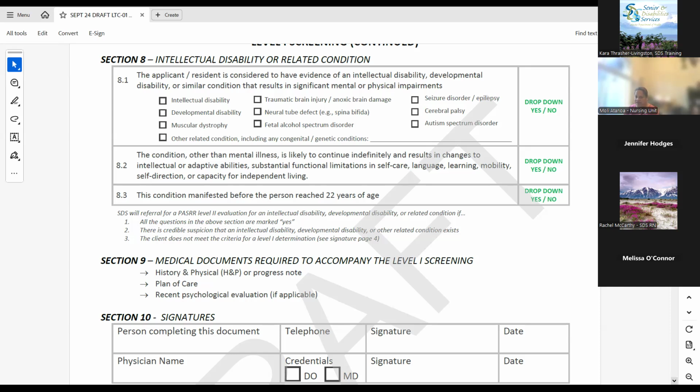And just below there, there's some additional guidance on how to consider the information depending on the answers to your Section 8.